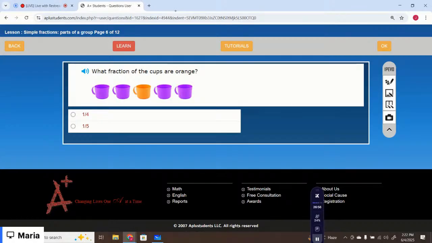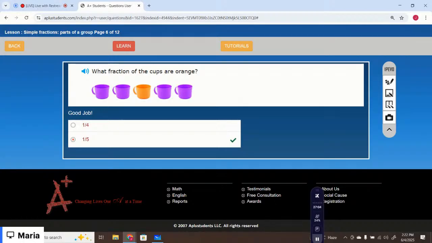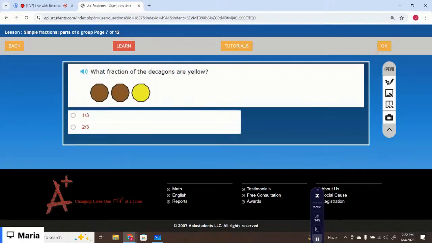The total buckets are five, cups are five, and one of them is orange. So that is one out of five. What fraction of the cups are yellow? So which is the correct option?